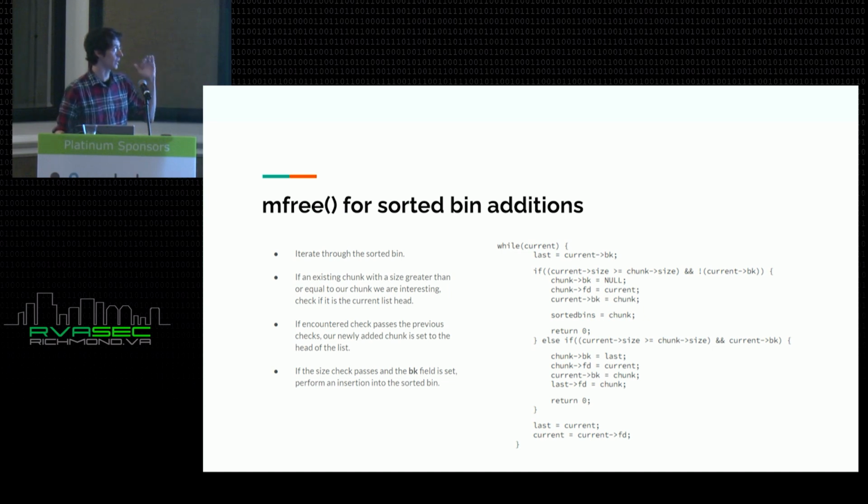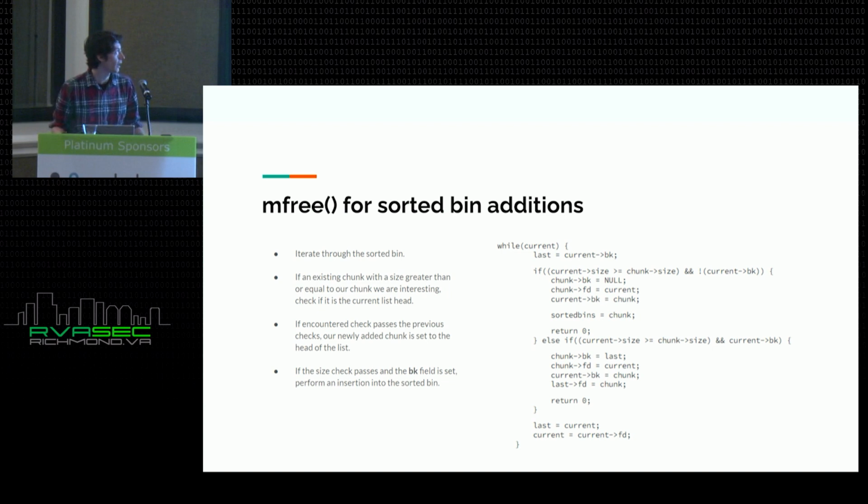That'll put it at the top of the list and indicate that nothing exists before it. We'll set the forward to the current chunk, the one being evaluated that's currently at the head of the list. And then we set the back field of that chunk to our new chunk. So essentially, it inserts it at the top and changes the existing chunk to be the second chunk in the list.